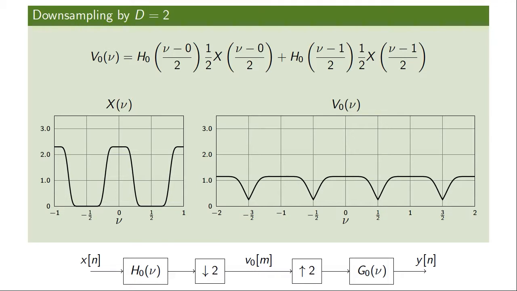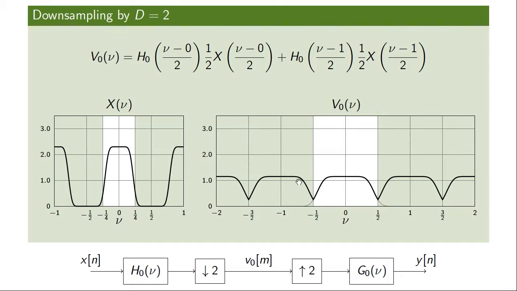And we can compare that to the original spectrum, and we see that v0 of nu here is a representation of the original discrete time Fourier transform for the range -1/4 to 1/4, and that is represented in the frequency range -1/2 to 1/2 in the downsampled signal.